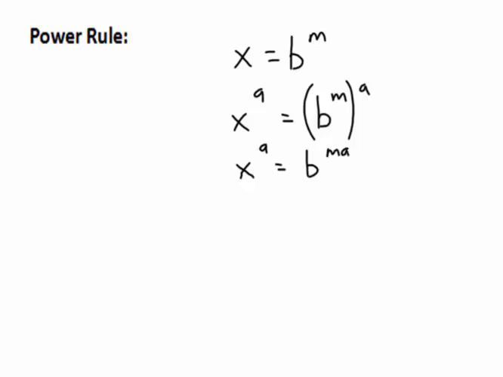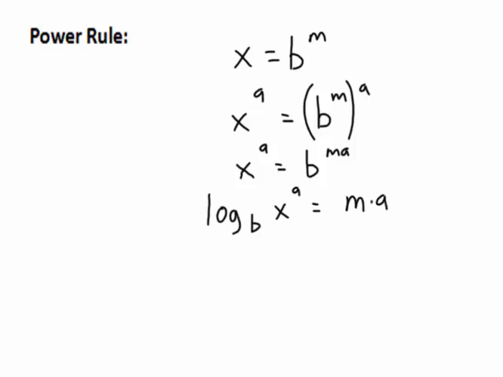Well, now we can take this and we can switch it from exponential to logarithmic. And we want to switch it to base b. So log base b of x to the a is going to equal m times a.